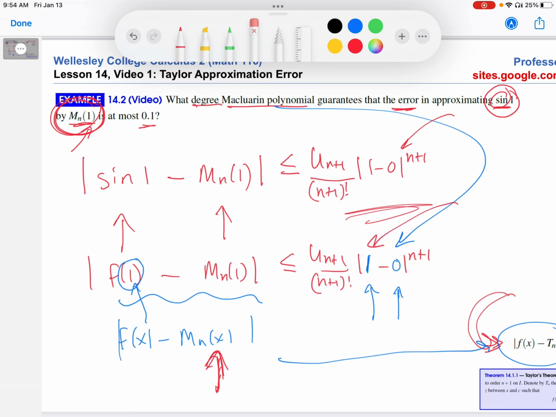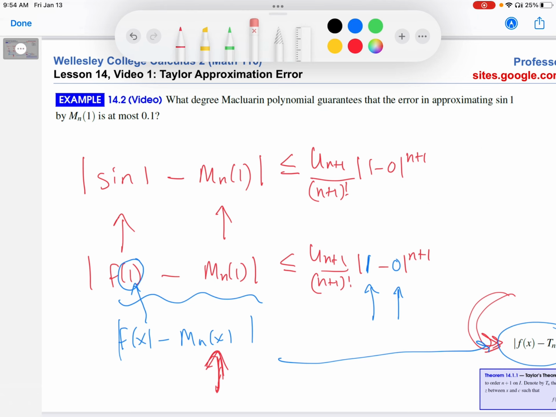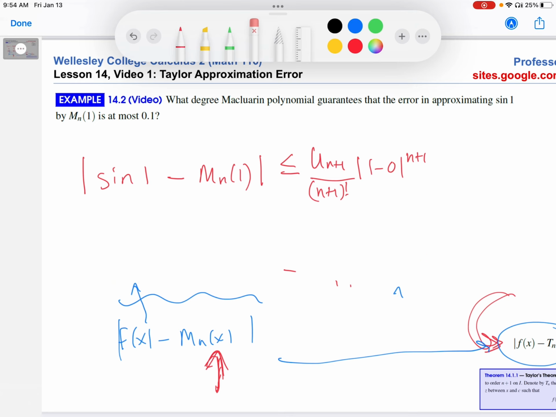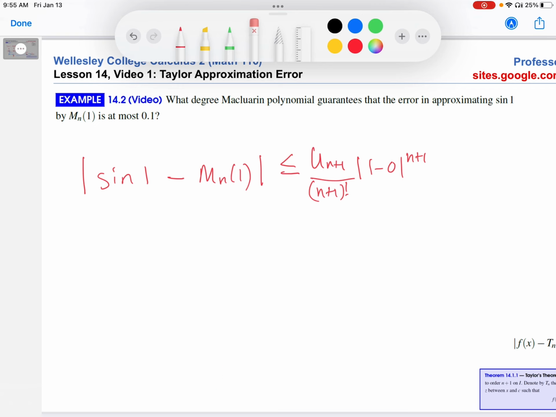So I really do encourage you, and this is one of the skills that math helps you with, to be very precise in both your reading and how you write down mathematical results or calculations. And it's really useful here. The last thing I'll mention is we are looking for the degree.